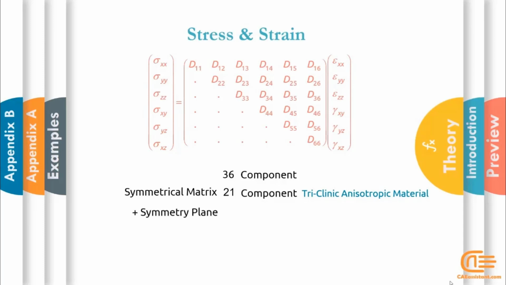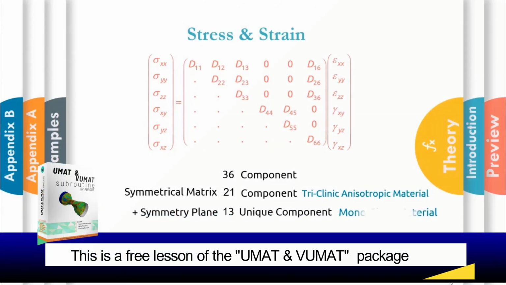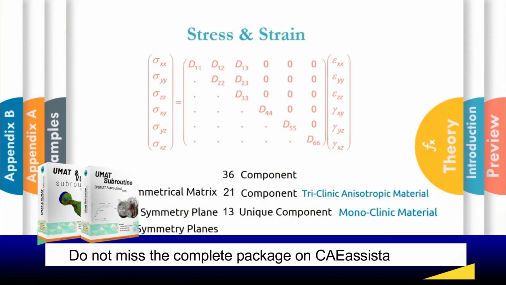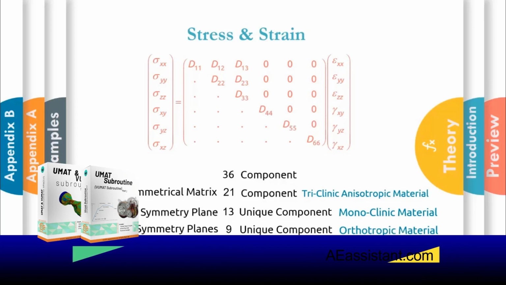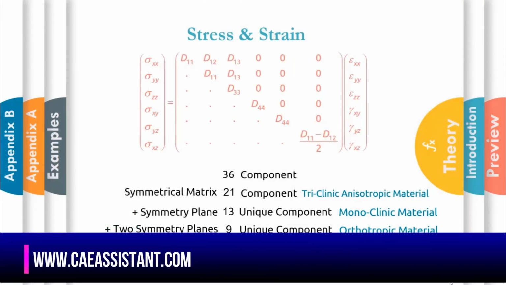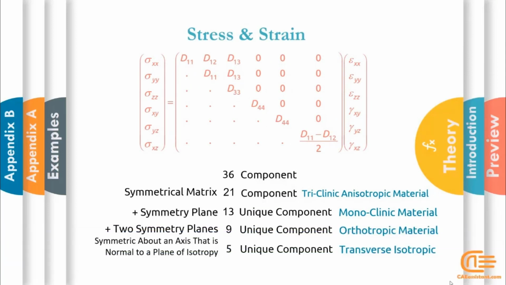If the material has a symmetrical plane, the matrix has 13 independent components, and it's called monoclinic material. 9 for an orthotropic material with 2 symmetry planes like composite material. 5 for transversely isotropic material, which is symmetric about an axis that is normal to the plane of isotropy.